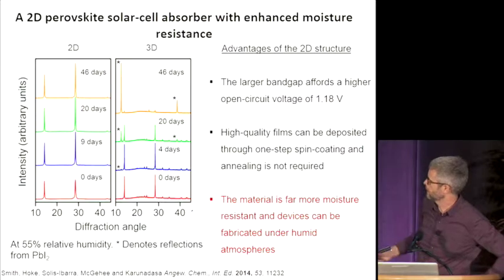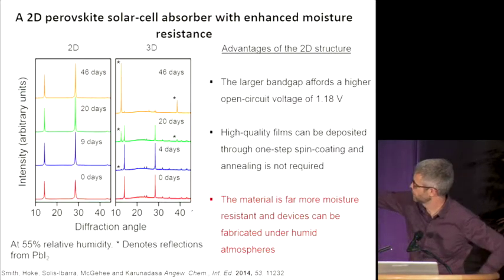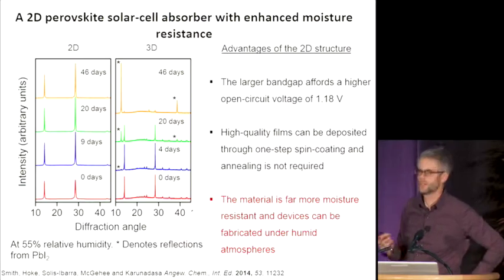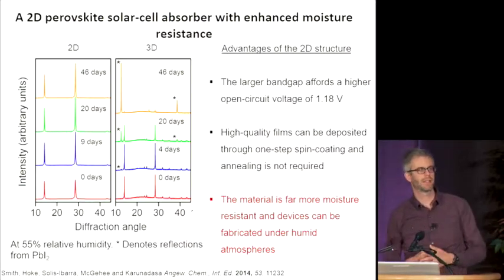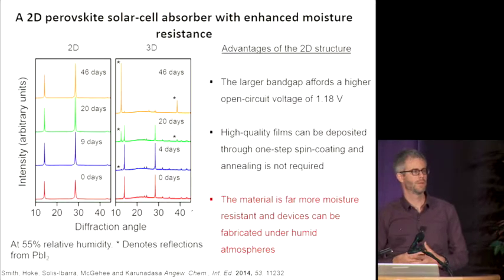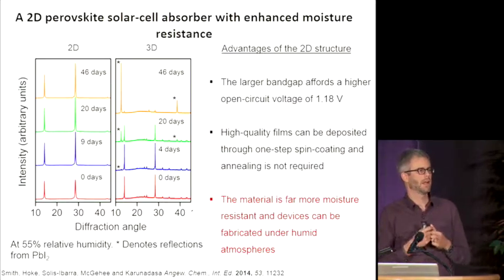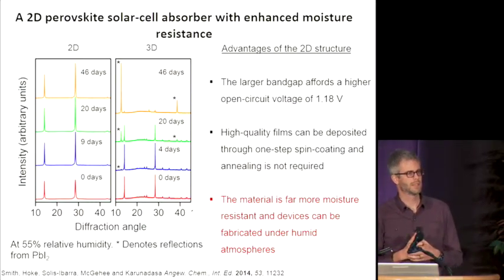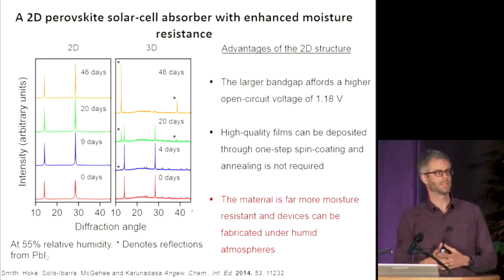And when we look at the X-ray diffraction of these films over time after storing the films in air, we see no change. In contrast, when we do that with the three-dimensional material, water gets in there, and it also assists the methyl ammonium leaving, and lead iodide forms. And so this compound is quite a bit more stable.